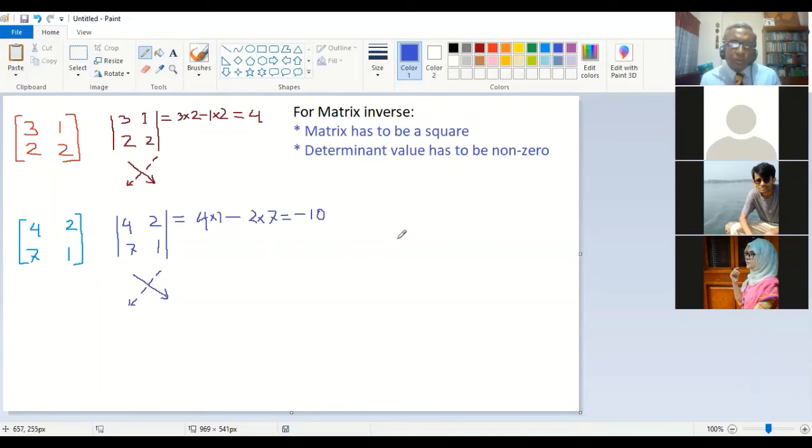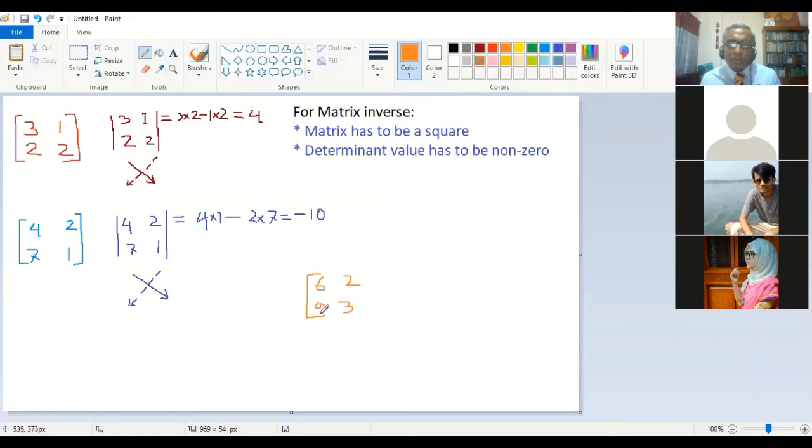Let me show you another matrix where the determinant will be 0. It is possible in many different ways, right? Say it is 6 into 3 and it is 2 then 9.